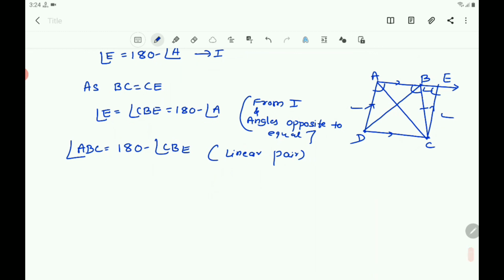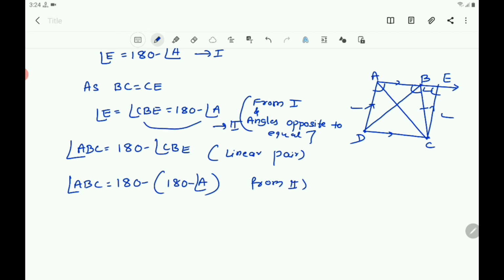Now angle ABC equals 180 minus angle CBE, and that means it is 180 minus angle A. If you consider this is the second, so you take from second.